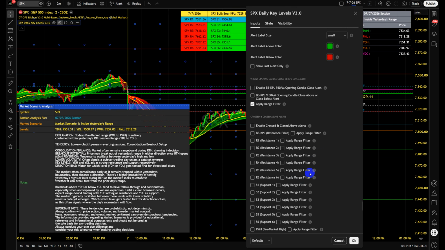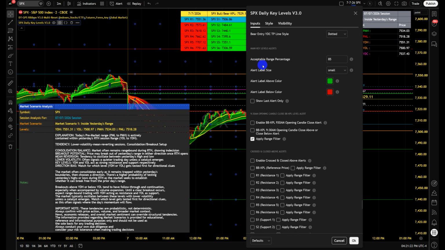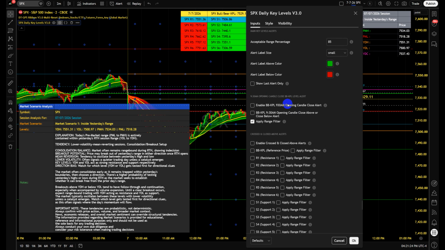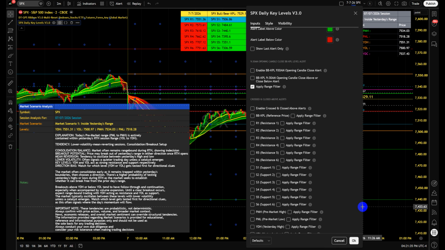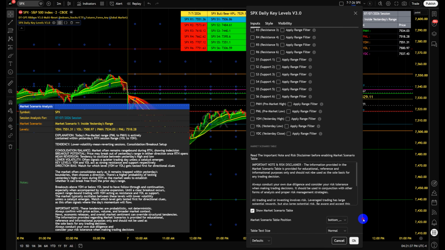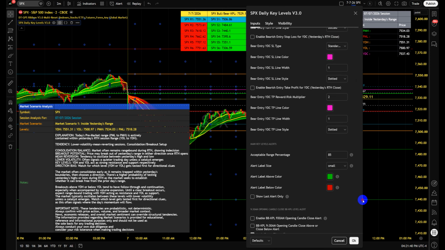We also have a complete alert section: acceptable range filter, 9:30 a.m. opening candle close BB-KPL level alert, crossed and closed above alerts, as well as crossed and closed below alerts. And a show last alert only option, which is more of a decluttering filter if you prefer a less cluttered look instead of seeing every single alert.